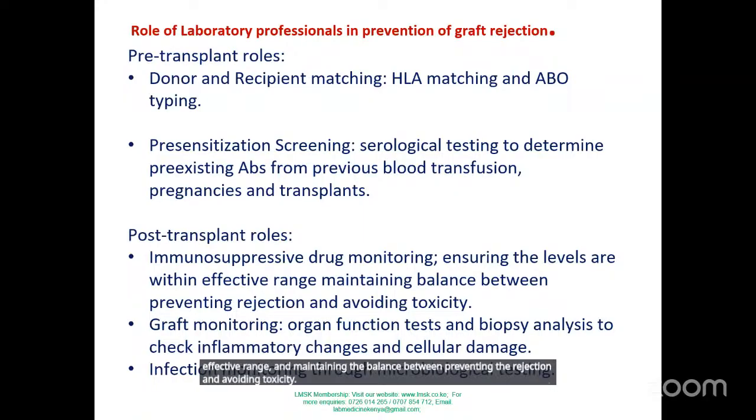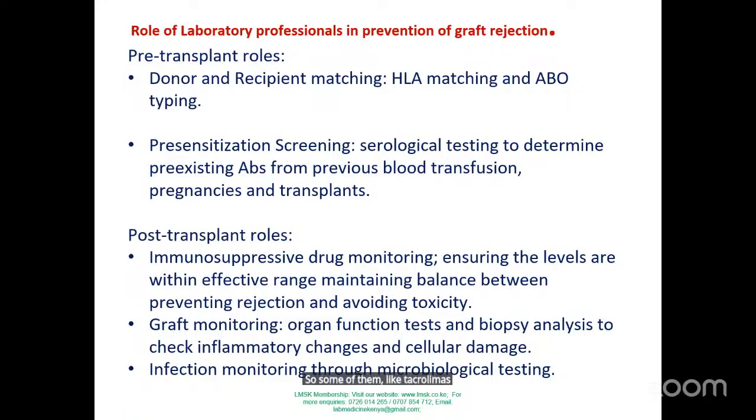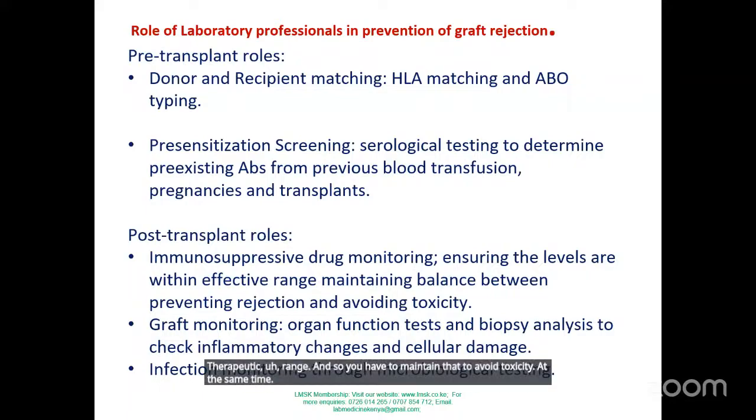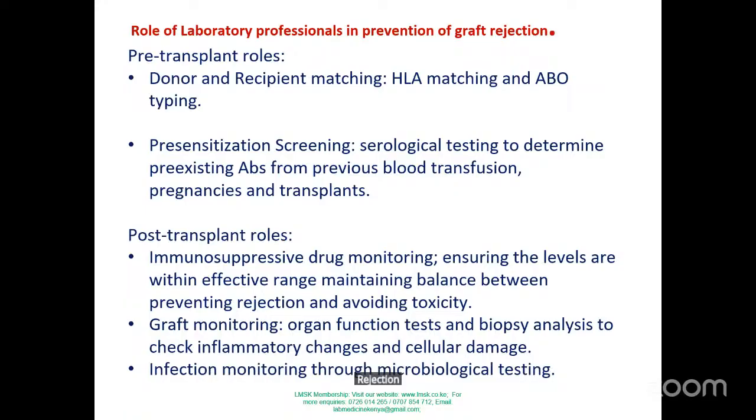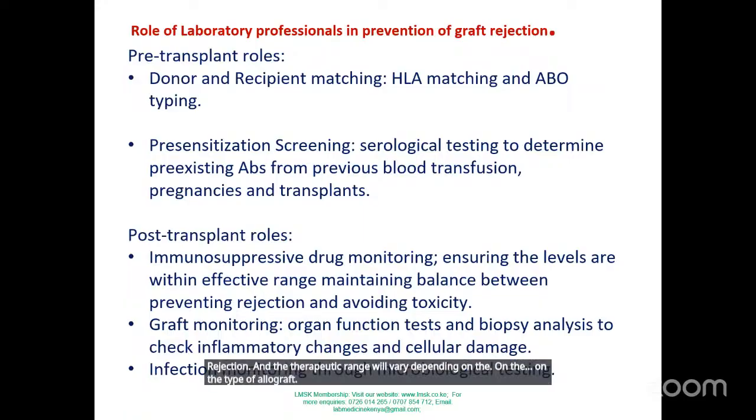Some of them, like tacrolimus, exist in a very narrow therapeutic range. And so you have to maintain that to avoid toxicity at the same time as we are preventing rejection. And the therapeutic range will vary depending on the type of allograft. The ranges for lungs are not the same for the liver and even for the kidney.